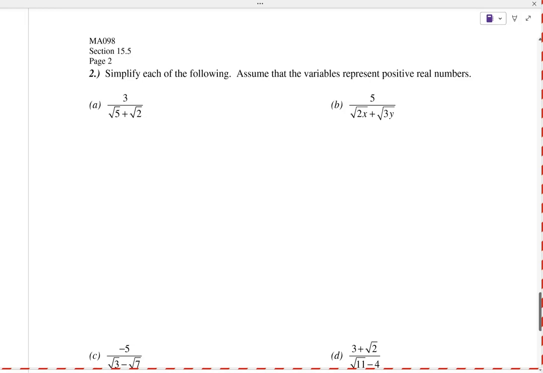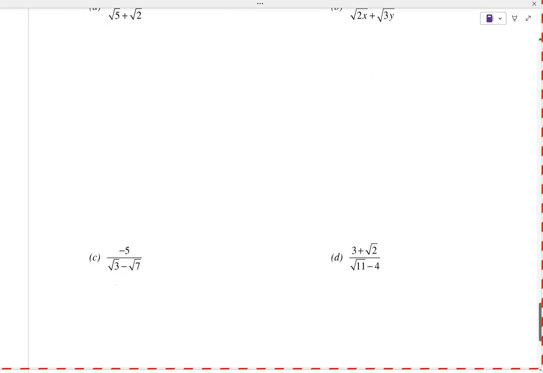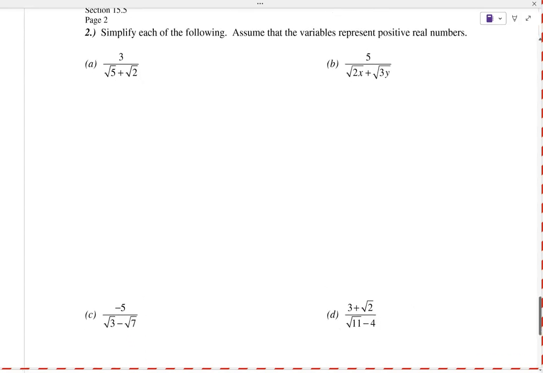Let's look at the back side. And let's just look at part A there on the back side. So part A there on the back side has 3 over square root of 5 plus square root of 2.